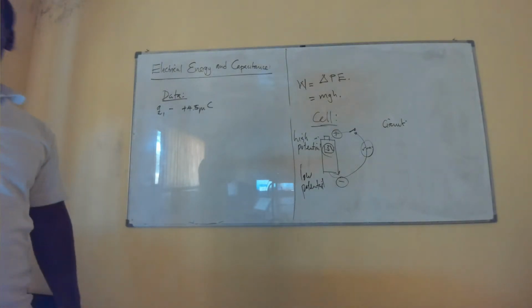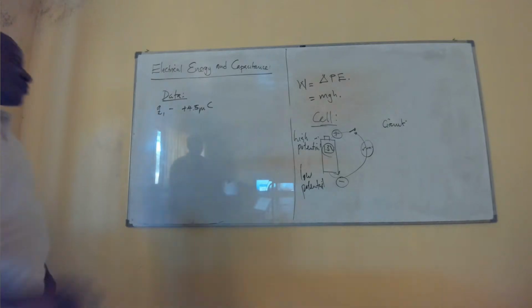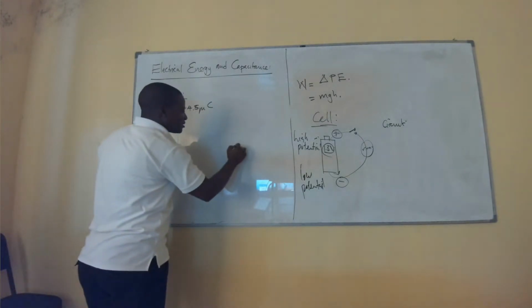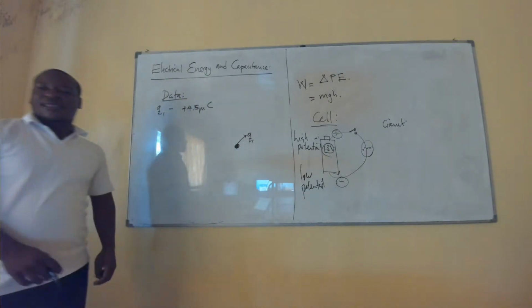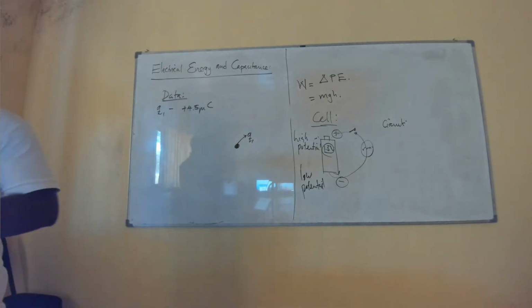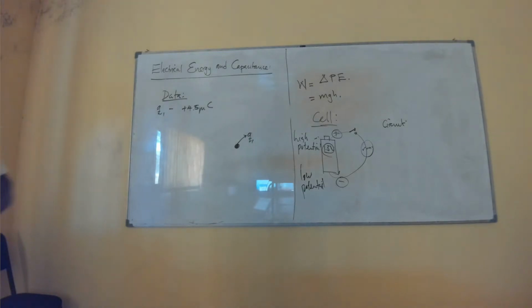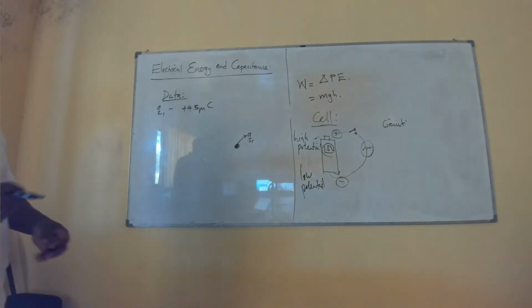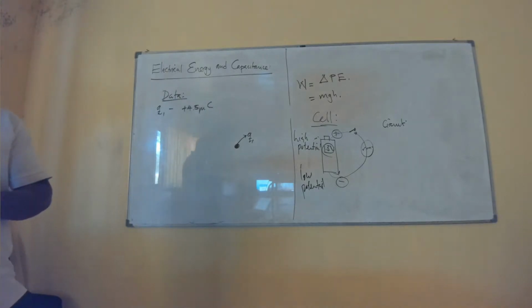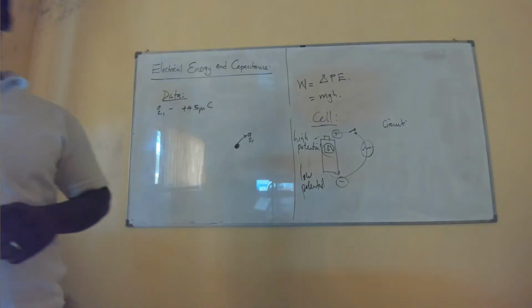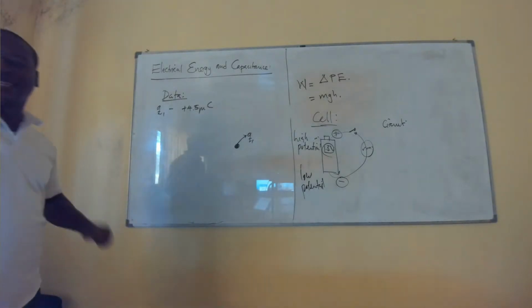And that is from a distance. So we have this particle, which is here, which we are calling Q1. Then it is actually fixed in space from a distance of 3.7 centimeters. So we have a distance of 3.7 centimeters, a particle Q2 of mass 6.9 grams.